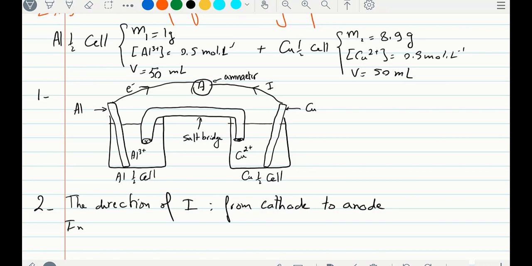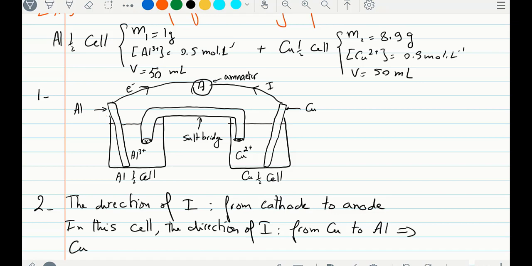In this cell, the direction of the electric current is from Cu to Al.